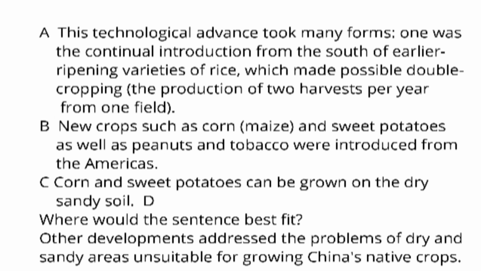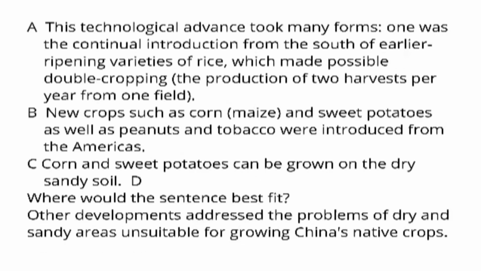Other developments addressed the problems of dry and sandy areas unsuitable for growing China's native crops. The sentence provides 2 clues. One is other development. So the sentence preceding the target sentence must be talking about some type of development. The target does not provide any specific information about development we can look for.